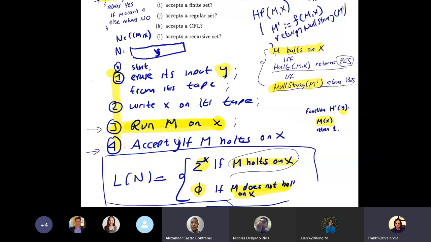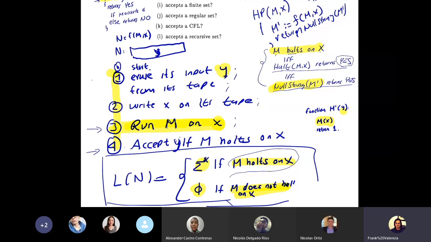Teacher, but then whether the machine N finishes its work or not would depend on which X we use, right? Yes, it depends on the X, and that's exactly the point. Of course, it depends on the X. But this is the M and X of the halting problem that we are going to pass.